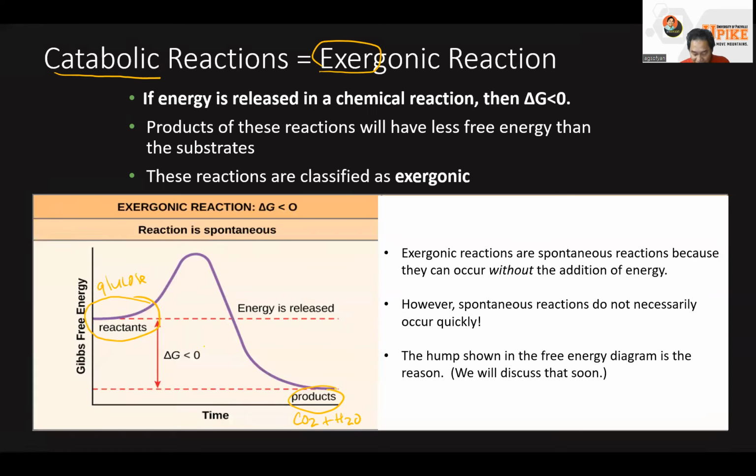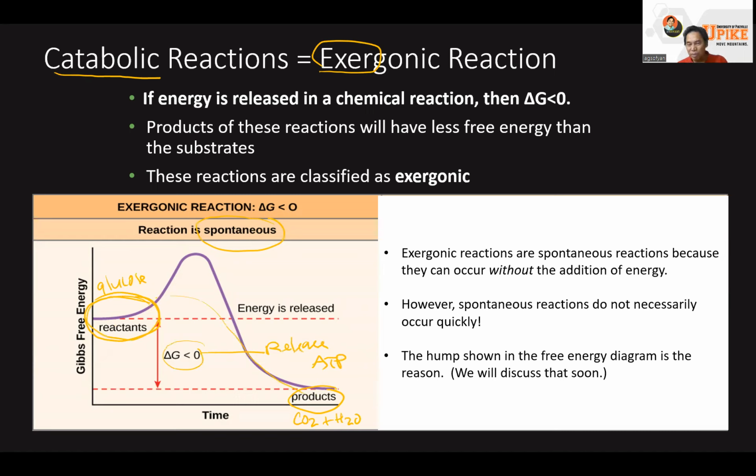And then the energy over here will be released. This is the energy that will be released in the form of ATP, and this is the one that will be used for our movement. So usually the catabolic reactions will be spontaneous, because they start from higher energy going down to lower energy.